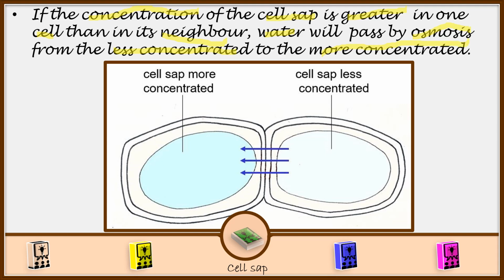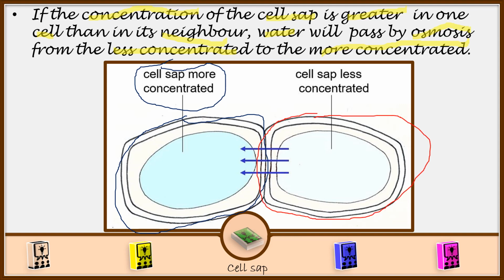Now let us look at these two cells. We have the first cell here, and we are saying it has a sap that is more concentrated. The second cell has a cell sap which is less concentrated.